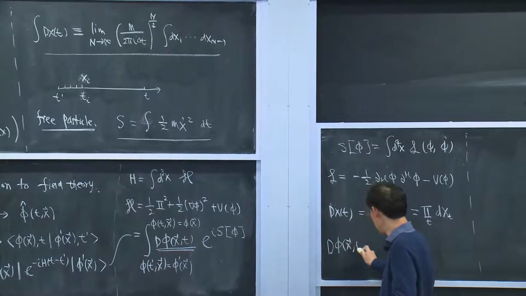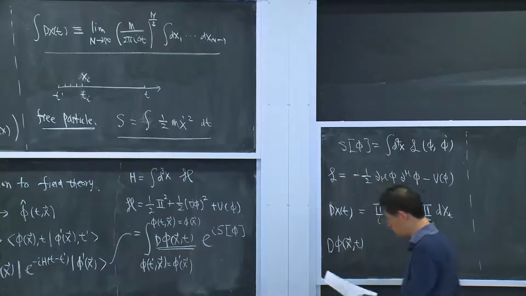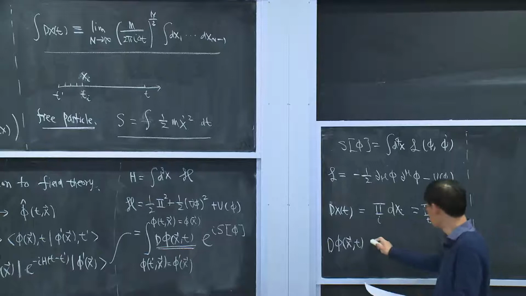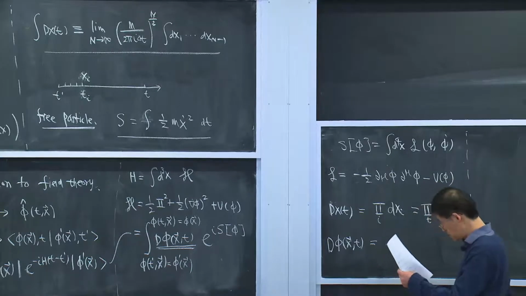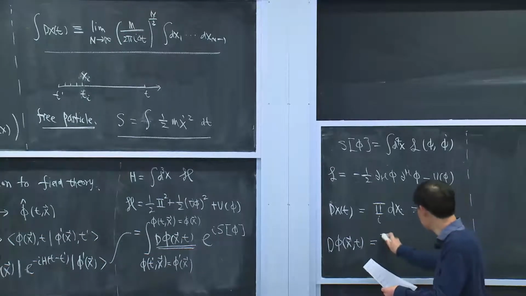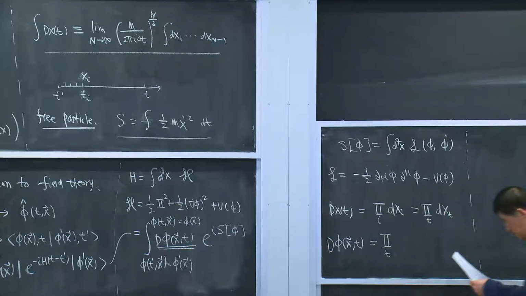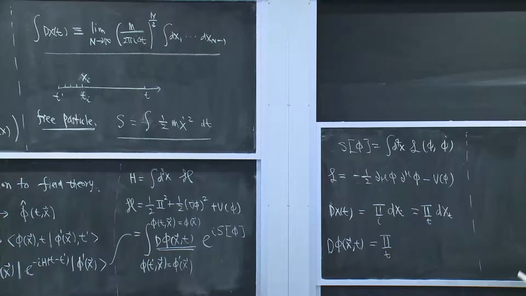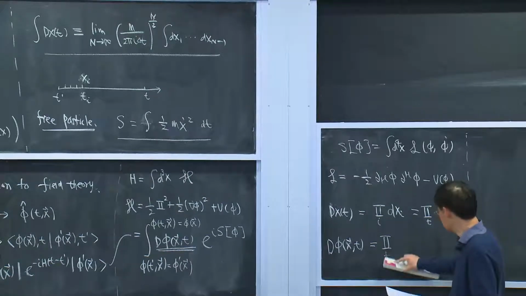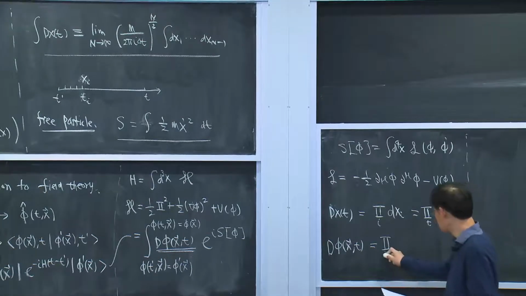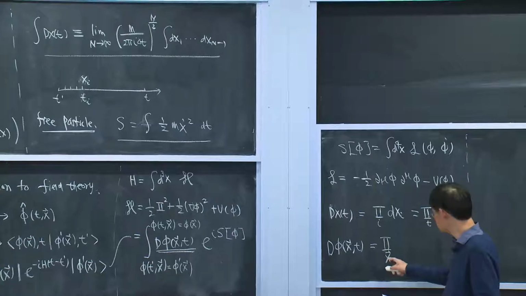So now remember, phi of x has now become the dynamical variable. So first you think of taking the product over x. This is the label of x.